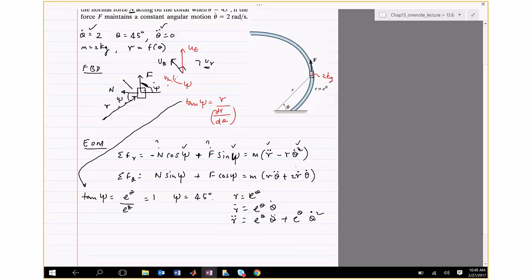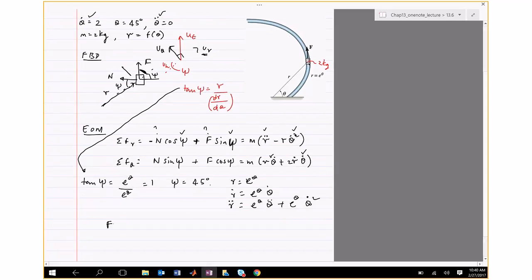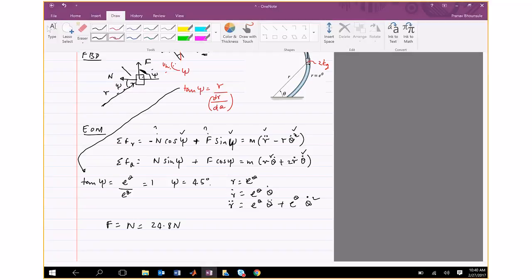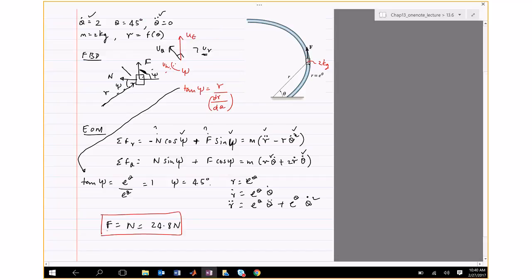Eventually you will get two equations with two unknowns, F and N, and you can solve for them. When you do the math, F equals N equals 24.8 newtons.